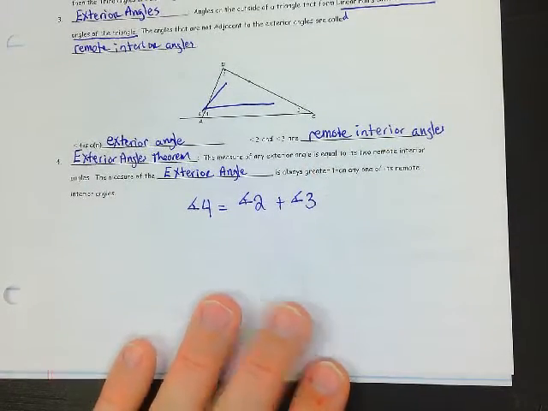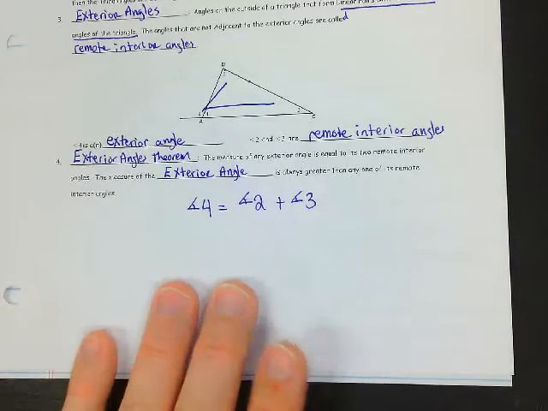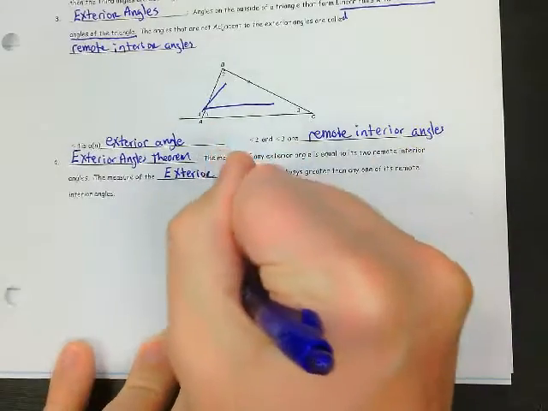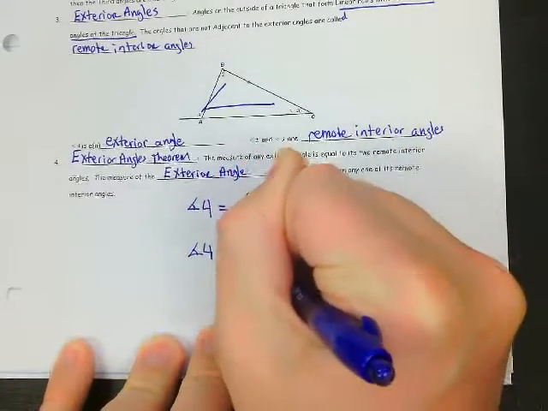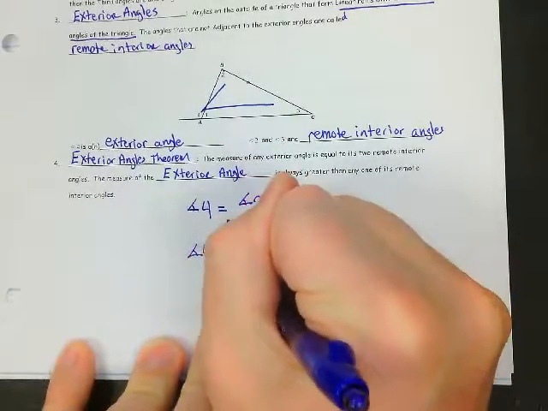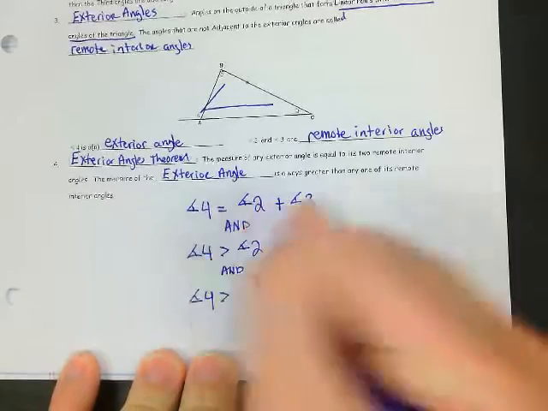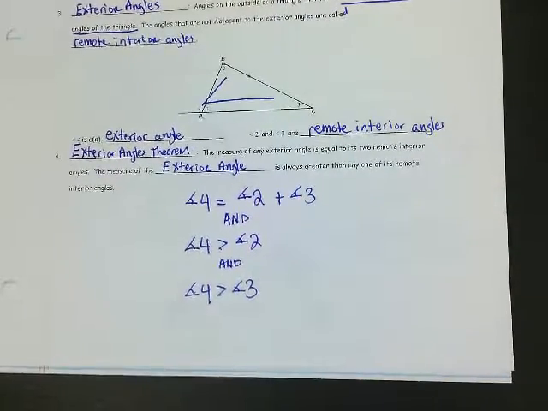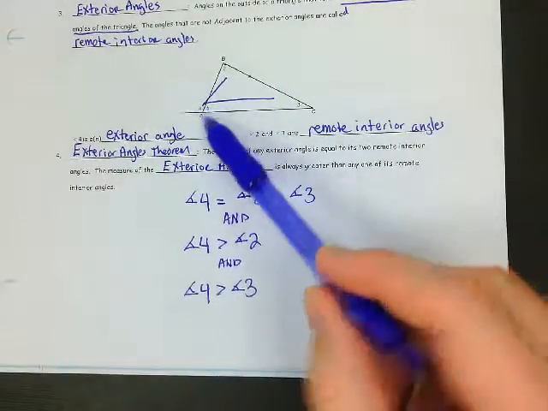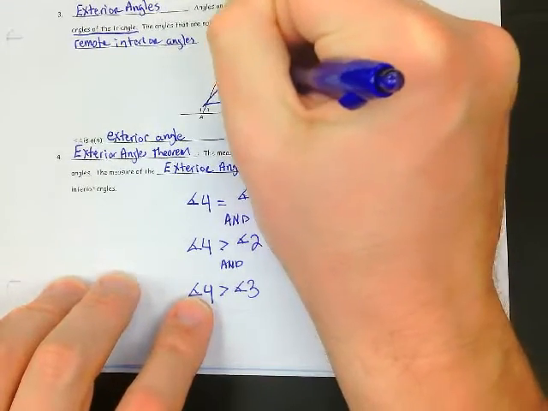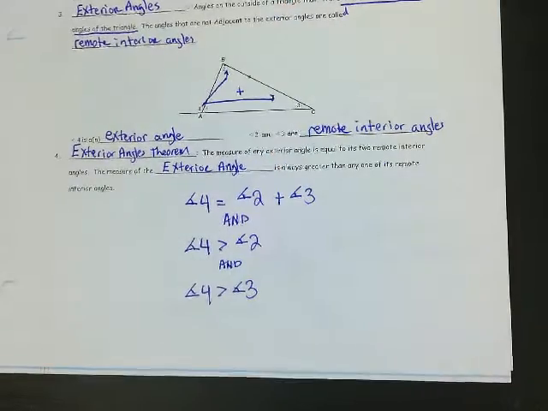Okay? Angle 4 is equal to angle 2 plus angle 3. And I'm also saying that angle 4 is bigger than angle 2. And I'm also saying angle 4 is bigger than angle 3. Alright? That's what the exterior angles theorem says. The exterior angle is equal to this angle plus this angle. Okay?